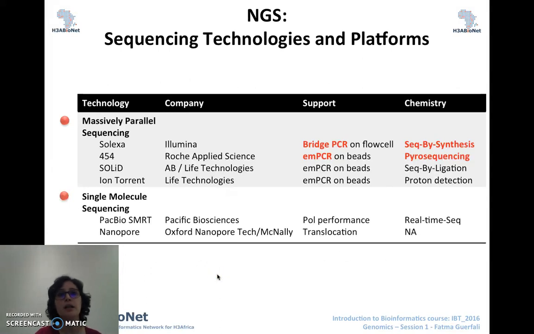So I prepared here a kind of summary of the different NGS technologies and the chemistry that is behind these different technologies. What we will be talking about now is indicated in red in this slide.